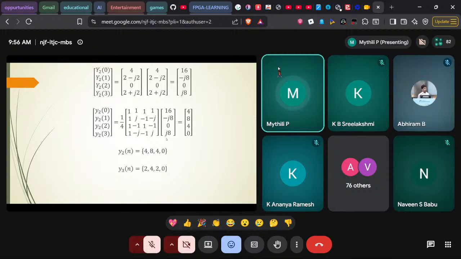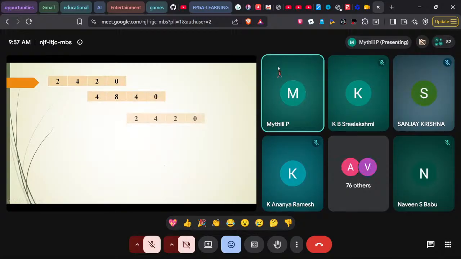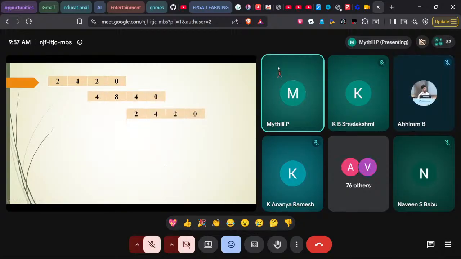Now how do we overlap this? We padded 2 zeros in the beginning, so the overlap will be 2 points, 2 samples. You can see this is the first block, second block, third block. You can add them together.